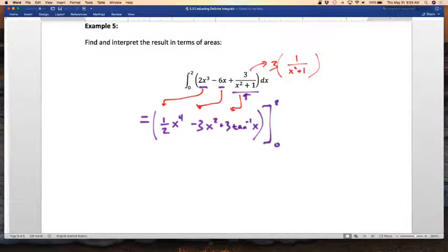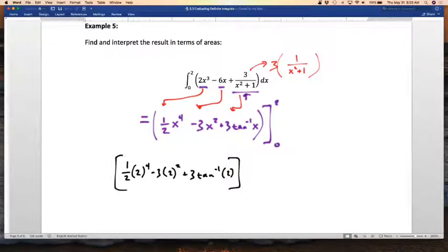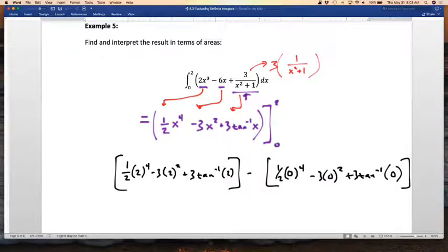So if you remember from Tuesday, if you were here, which there's a few of you, basically we plug in 2 for x, and we plug in 0 for x, and we take the difference of the 2. And that's how we get the definite integral.